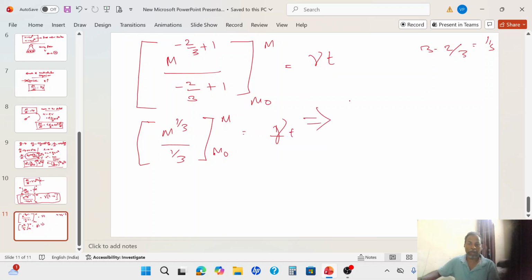Further simplification, m power 1 by 3 minus m naught power 1 by 3 is equal to 1 by 3 gamma t.